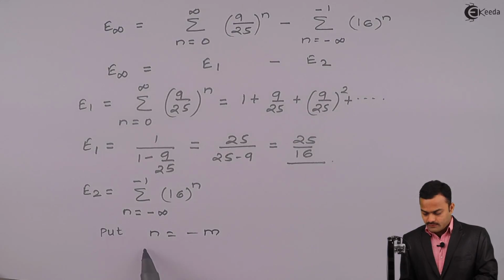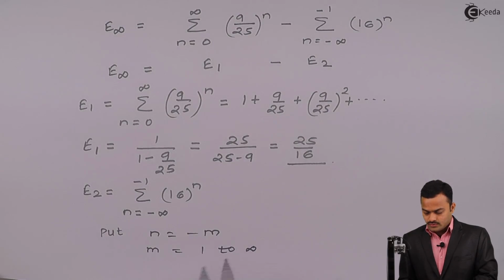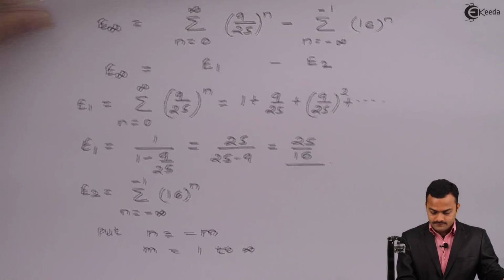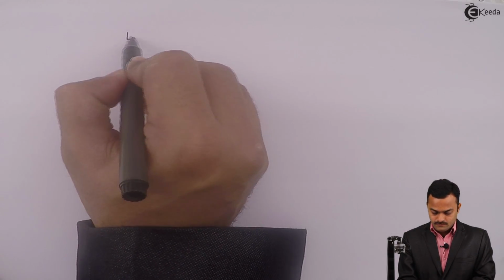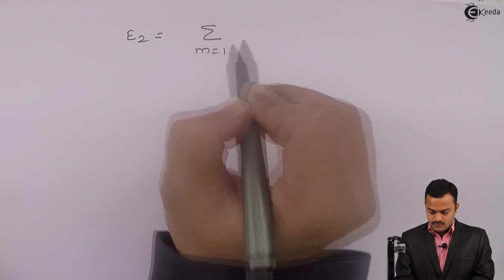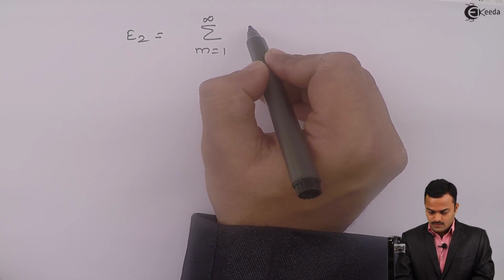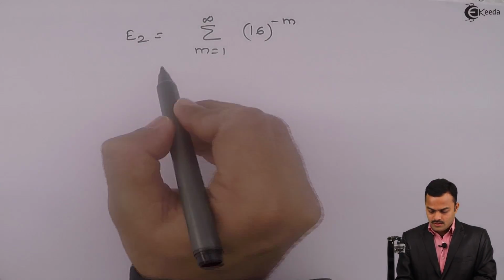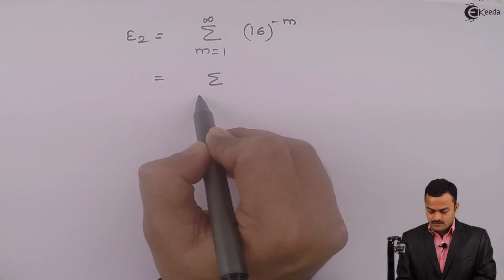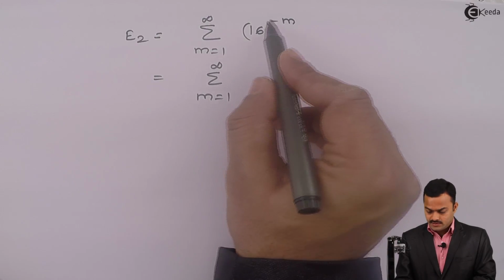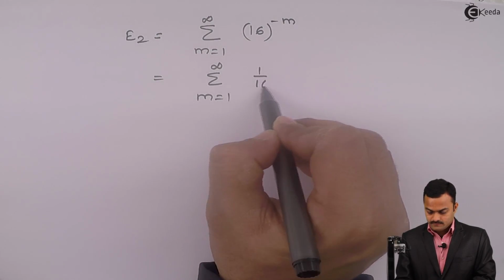Now m will have values from 1 to infinity. So with this adjustment, energy 2 becomes summation m equal to 1 to infinity of 16 raised to minus m, which is summation m equal to 1 to infinity of (1/16) raised to m.